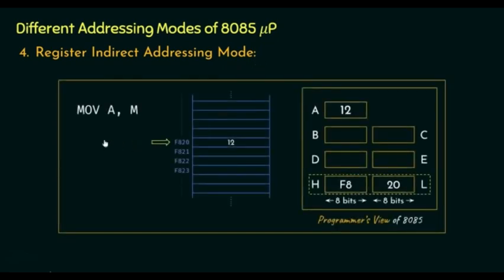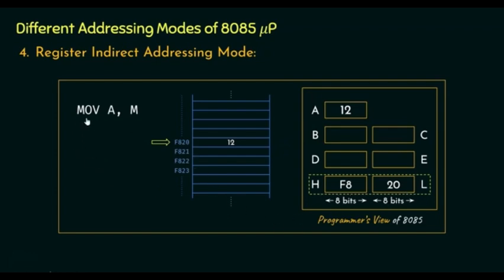Let's now learn about the next, that is the register indirect addressing mode. Now the execution of the instruction MOV A, M is an example of that. If you notice, within the instruction, we are not mentioning the source register. Rather, we are mentioning a memory location which is stored by this register pair.